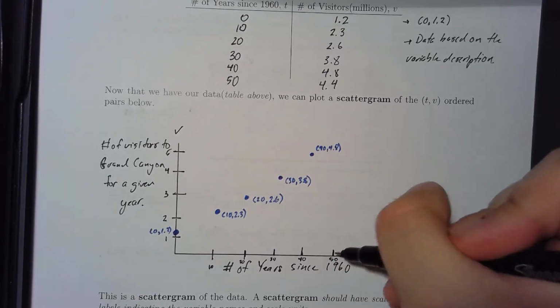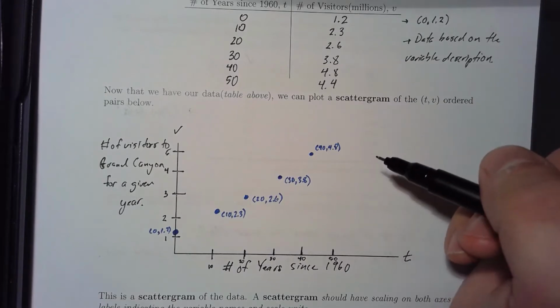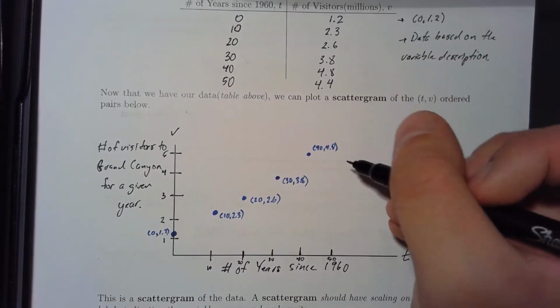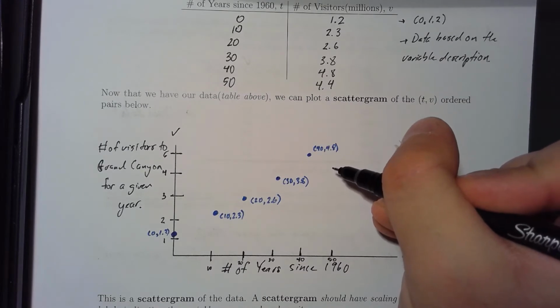And finally, at 50, 4.4 is going to be a little bit lower, so right about there.